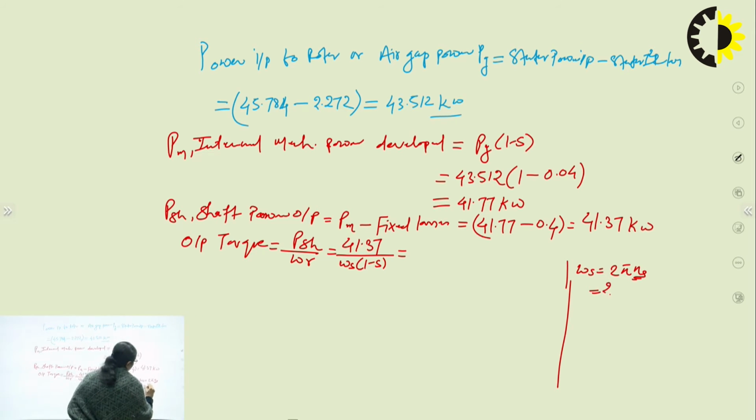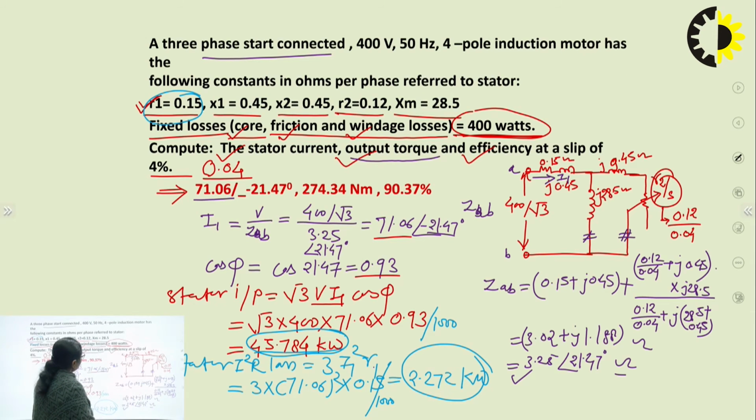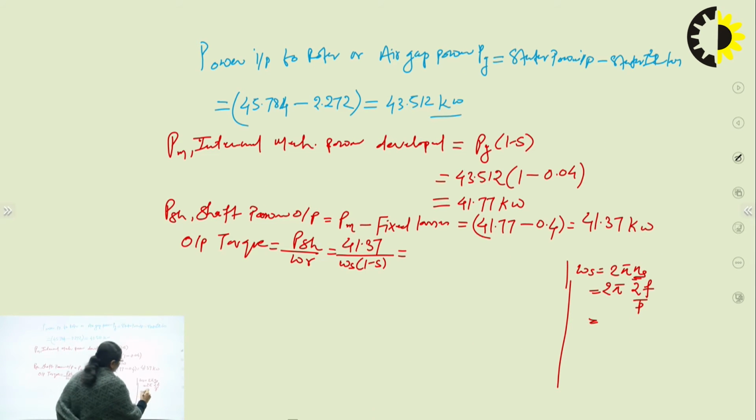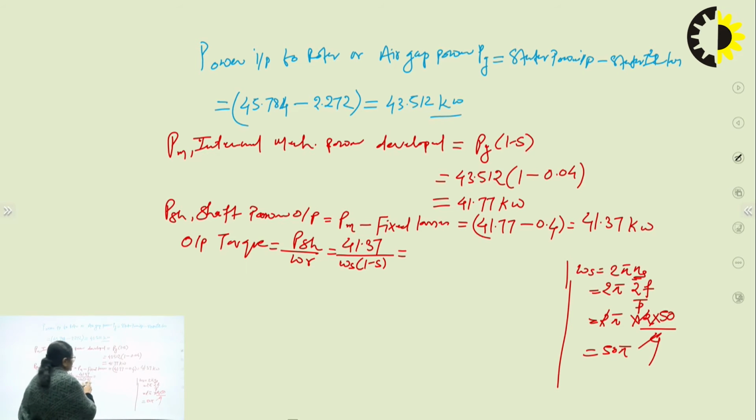Ns itself can be written as twice F upon P. In our question, the number of poles is 4 and the frequency is 50 Hz. So I can write it as twice pi multiplied by 2 into 50 divided by 4. So I'm left with 50 pi. So omega S can be written as 50 pi here.